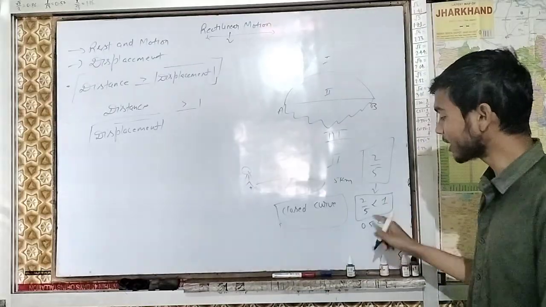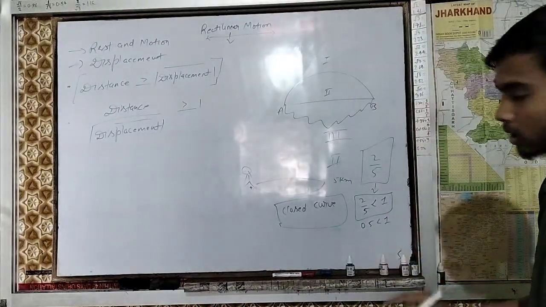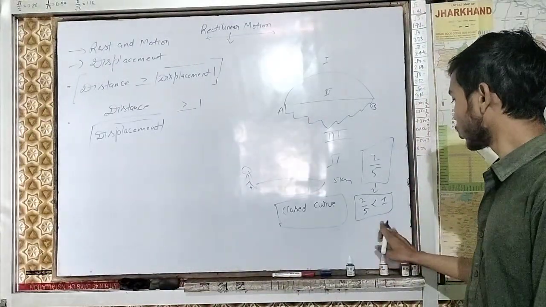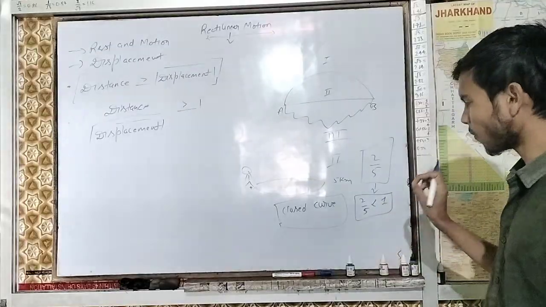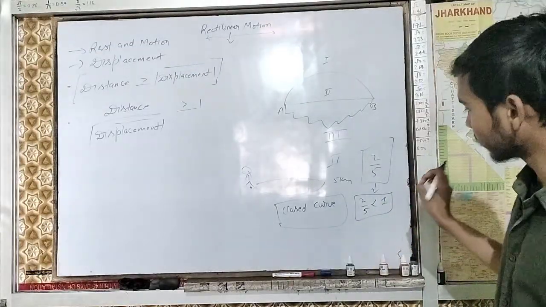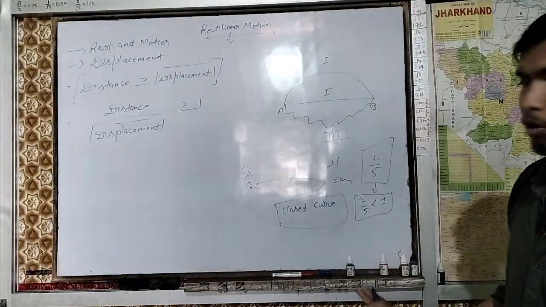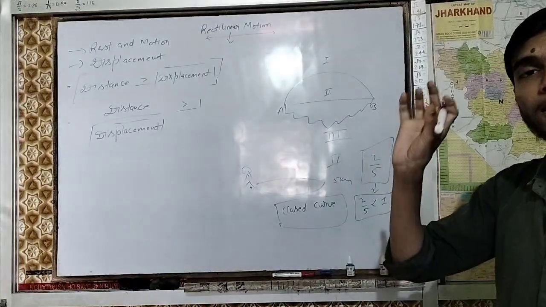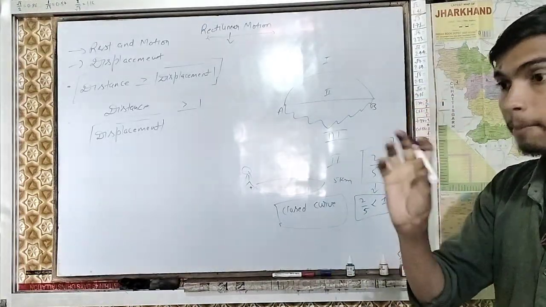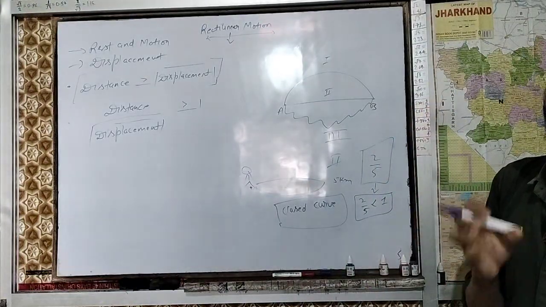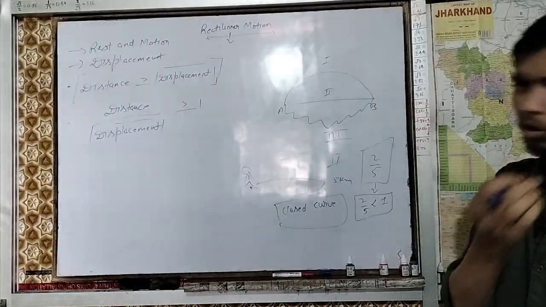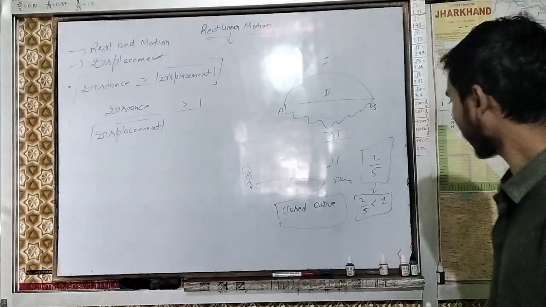Which one is greater? Answer is 1. So if the denominator is greater and the numerator is smaller, anyhow you will get a number less than 1, or you can say between 0 and 1.